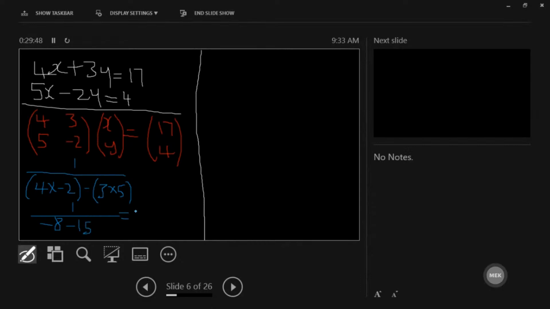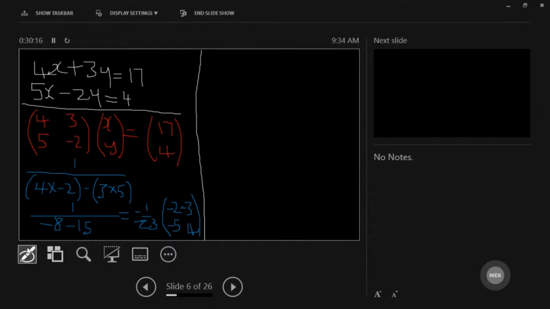So that's negative 1 over 23. And the adjoint is switch the A and D, so we'll have negative 2, 4. And change the sign of the B and C, so we'll have a negative 3, negative 5.